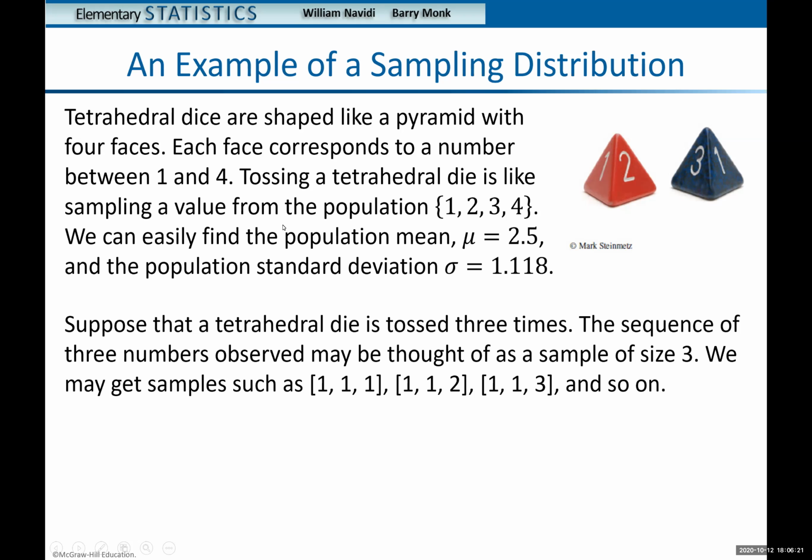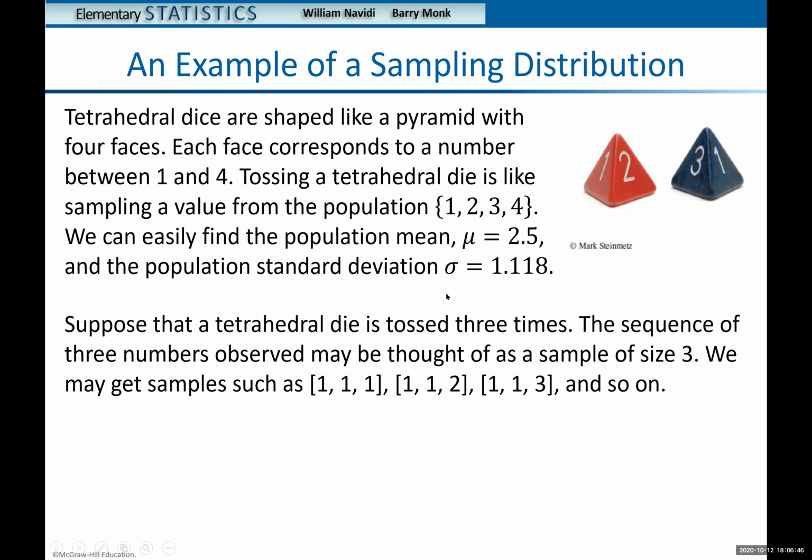We can easily find the population mean: 1 plus 2 plus 3 plus 4, divided by 4, the mean is equal to 2.5. So that is your population mean, and the population standard deviation is 1.118.